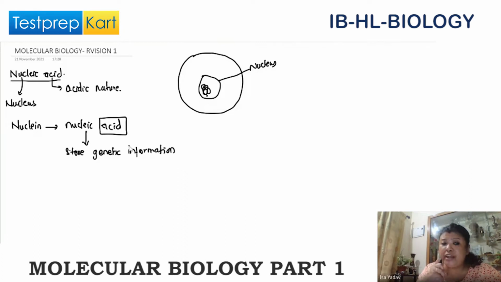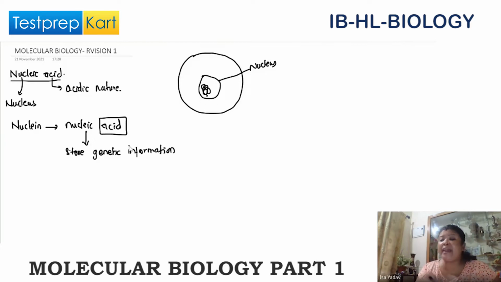Whatever information related to our genes, heredity, which is required to pass on to the next generation, or information related to our body. The straight hair, the color of the eye, the color of the skin, everything is controlled by the nucleic acids. All information is stored in the nucleic acids.